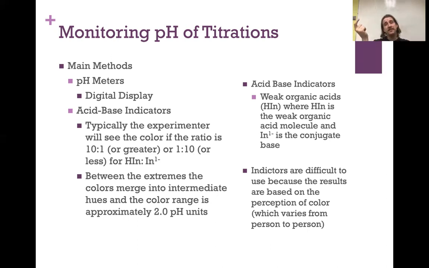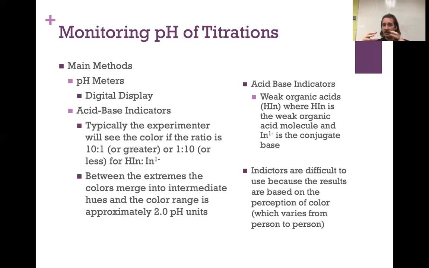The reason for this range that we see is that our acid-base indicators are actually weak acids. So we sometimes abbreviate them as HIn. This is just a weak organic molecule, and when it reacts with a base, it breaks into its conjugate base, which would just be the indicator anion, or I minus.